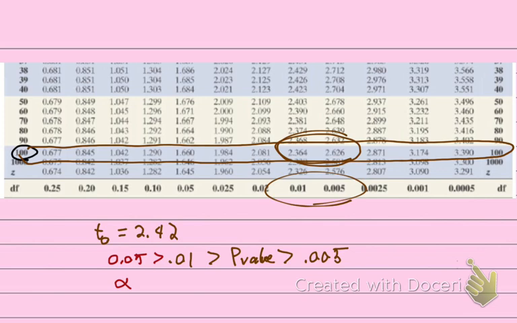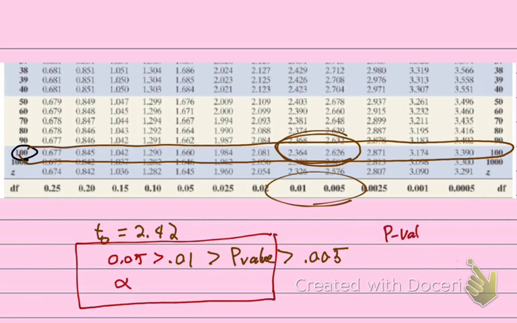Okay, so our p-value, which is less than 0.01, is smaller than our alpha. Okay, and what happens when we get that? When your p-value is less than your alpha, we are going to reject the null hypothesis. Okay, status quo, we can no longer say that that's okay.